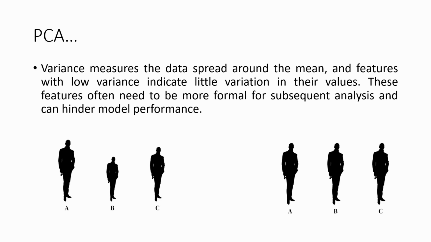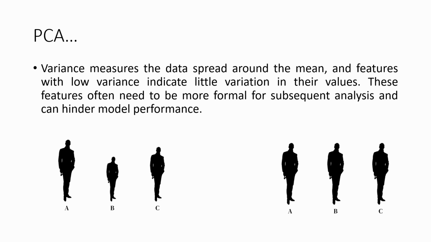Suppose you are asked to find the height of a person. In the figure on the left, you can easily find who is the tallest one. But when we observe the right hand side diagram, if you are asked to find the tallest person, it is slightly difficult because there is not much variation in the height.